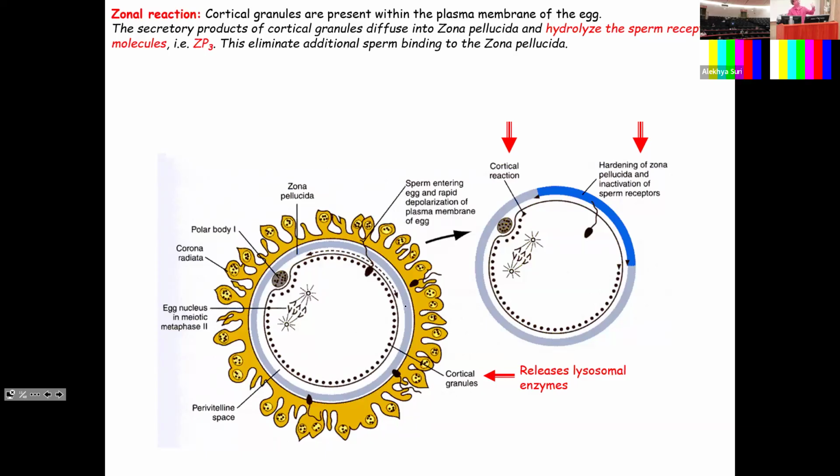Then comes the long-lived process, which is the chemical change that will secrete degradative enzymes that will destroy part of the zona. Okay? Together, these two processes are called zonal reaction, and they limit the amount of sperm cells bound to the zona or fertilizing the oocyte.